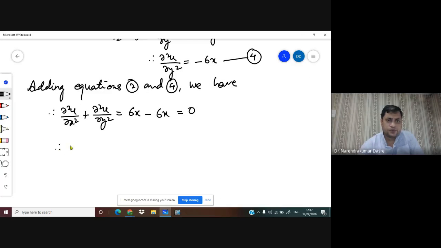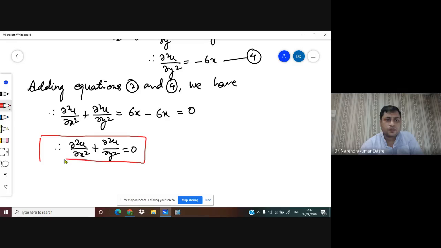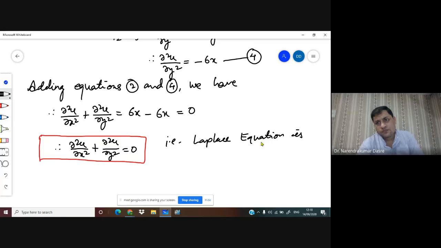So we got del square u by del x square plus del square u by del y square is equal to 0. So the Laplace equation is satisfied.